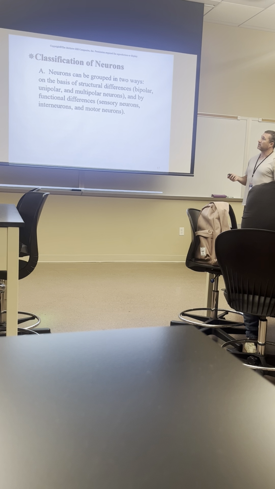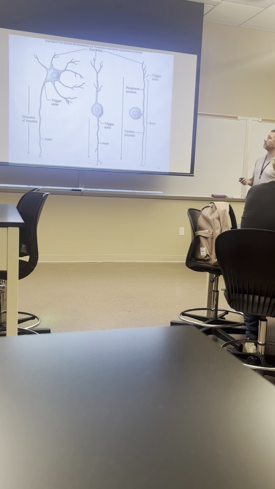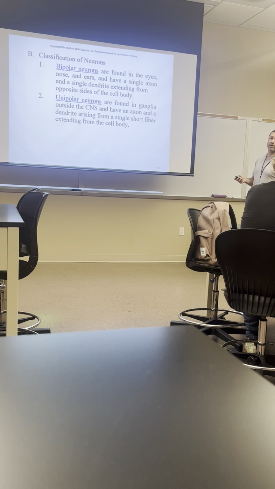All right. So neurons can be classified in a bunch of different ways, basically based off their structural and functional differences. We have bipolar, unipolar, or multipolar, and then sensory, inter, or motor neurons. Here's what you need to know about bipolar, unipolar, and multipolar. Bipolar are found in your special senses.